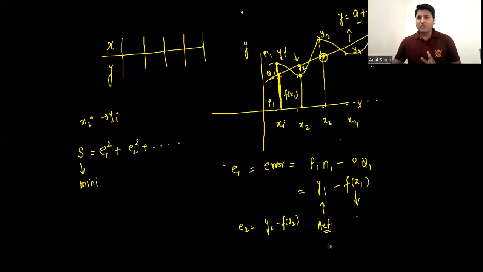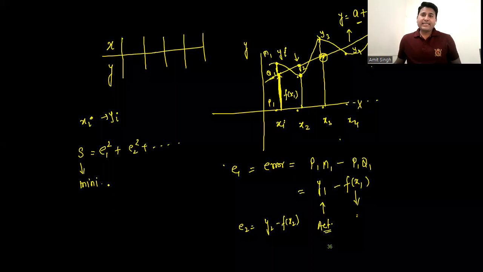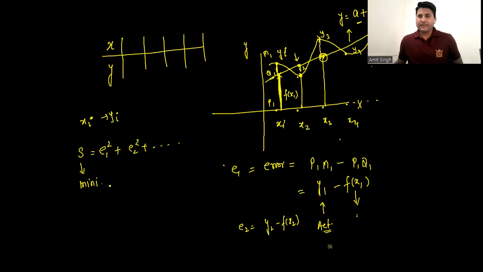I hope you understood up to here. So now the question is how to find a and b. a and b are such that this S must be minimum. So if I write E1 square, it will be y1 minus f of x1 whole square.